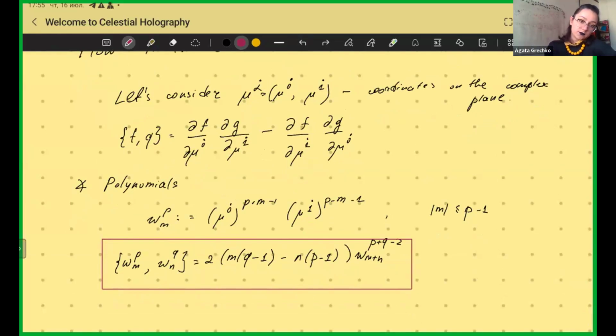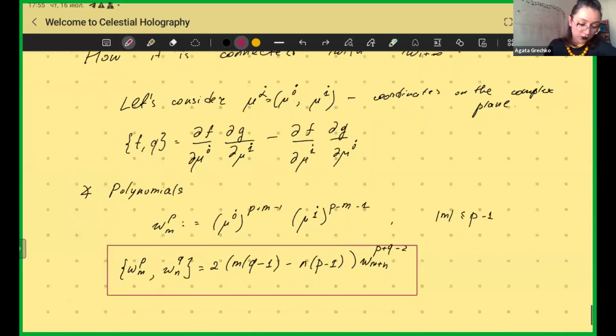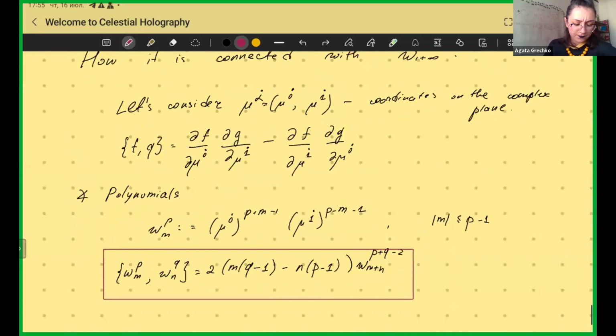In reality, if we go to twistor space from these coordinates, we somehow reduce the twistor space to these two coordinates. It's, if I'm not wrong, like this thing here describes a patch of a twistor space.